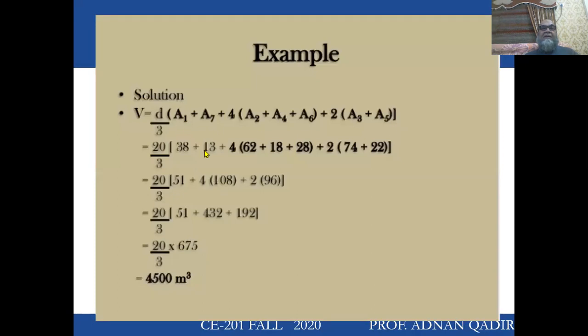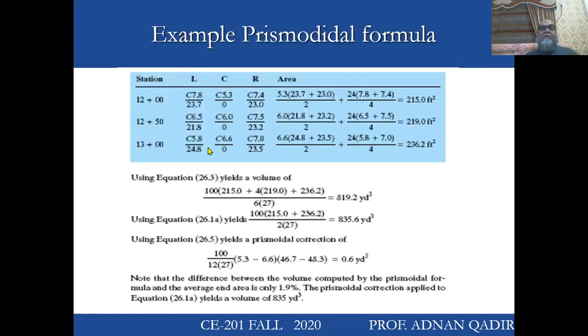A1 plus the last area, so this A1 and this, and 4 times 219, right? And this is in cubic feet. So you have to convert cubic feet into cubic yards; you can always convert the volume.